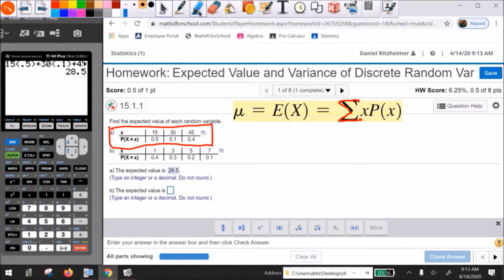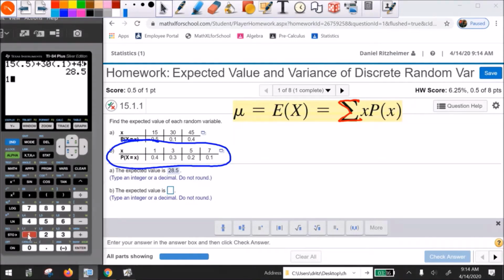Okay. So the next question is asking me to find the expected value of this data down here. Same idea. 1 has a probability of 40% associated with it. 3 has a probability of 30% associated with it.